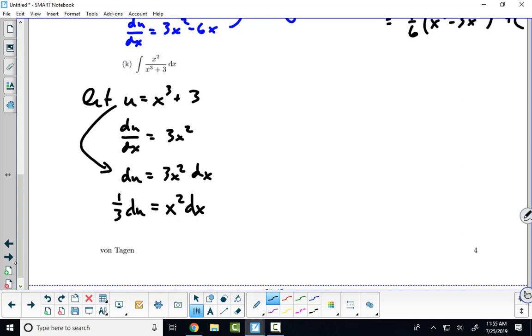Now we are ready to do the u substitution. What am I going to write in place of x cubed plus 3? I'm going to put a u there. Then what am I going to put in place of x squared dx? Notice this is why you get to think of this all as multiplication. I'm going to put 1/3 du.